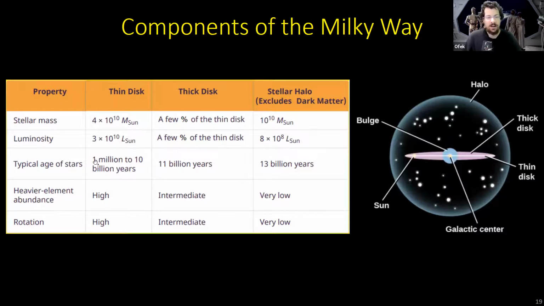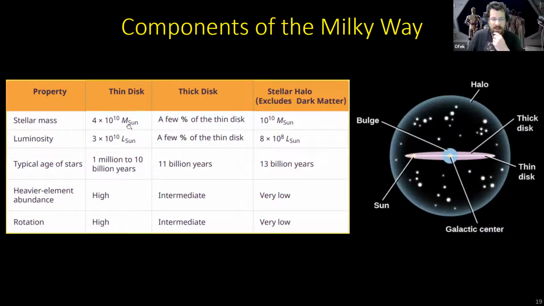Today we conclude from this that star formation takes place on the disk and not off of the disk. So the younger components of the galaxy, the young stars, were formed and are still being formed on the thin disk of the galactic plane.